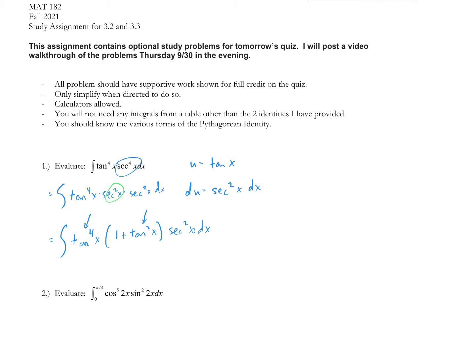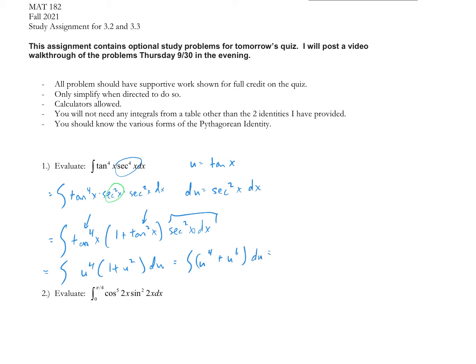This is u. Well, the first one is u to the fourth. The second one is u to the second. And all of that is my du. So this becomes u to the fourth times 1 plus u squared du. Now, don't make a mistake here. Don't start taking your antiderivative yet. We need to distribute that u to the fourth in. We get, not u to the fifth, we get u to the fourth plus u to the sixth, the integral of that in terms of u.